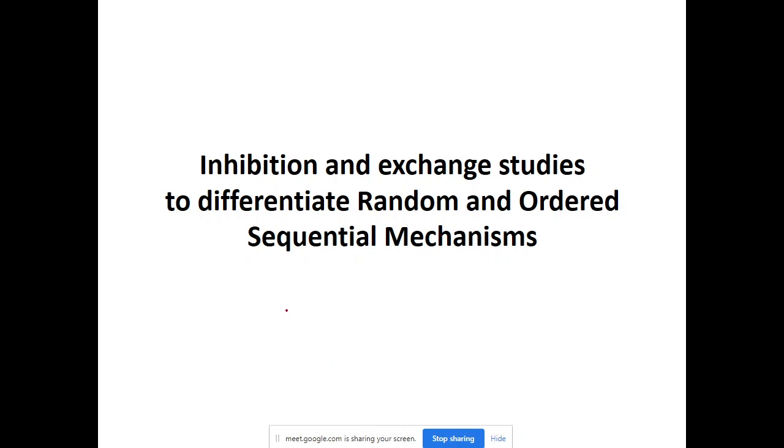We also have to prove, using two different methods, that is product inhibition and the isotope exchange mechanism, by which we will be able to differentiate whether a particular reaction belongs to the random order or to the ordered sequential mechanism, which we'll see tomorrow.